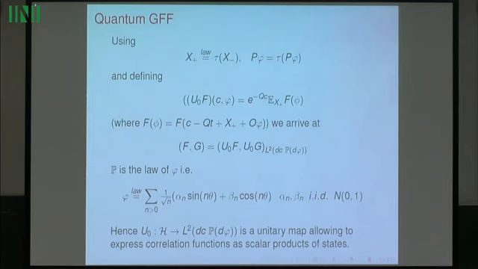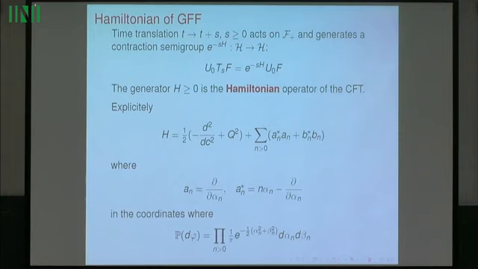So that's the description of the quantum free field. Not a very deep object, but what do you have there? Well, how does the quantum mechanics arise here? Time translation acts on the functions of positive times. If I move them in time, they are still functions supported on positive times.